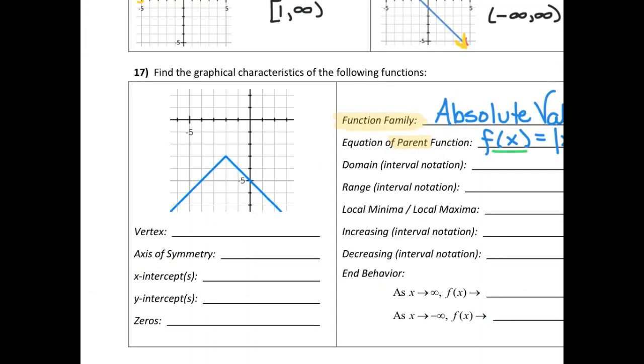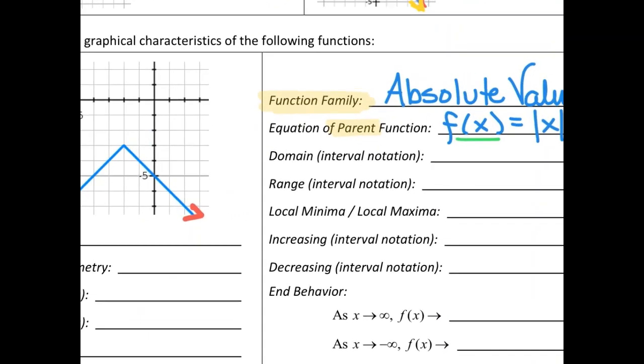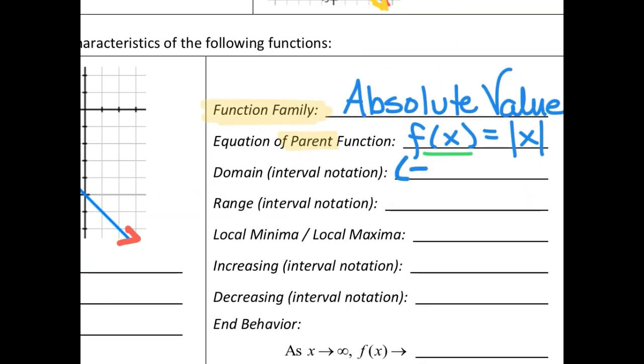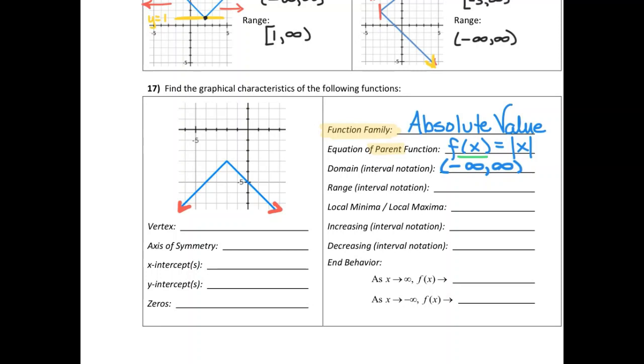Now your domain, let's practice domain again. On the left, it goes to negative infinity. On the right, it goes to positive infinity. And so your domain is, again, going to be all real numbers. Your range starts at the bottom and goes up to -3.